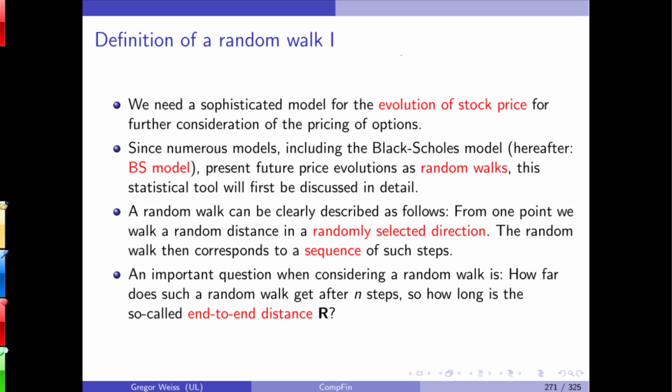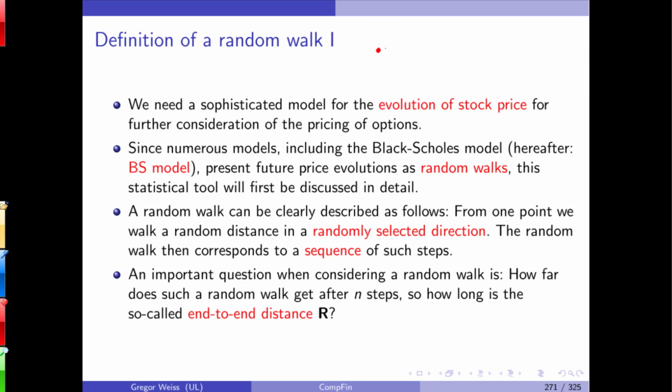And at this point you might think, okay, this could be a suitable model for a stock price. Can go up, can go down, next period. But we don't know by how far it will go up or by how far it will go down. That's a random walk. What is interesting is that we are sometimes interested in the end-to-end length and the distance.